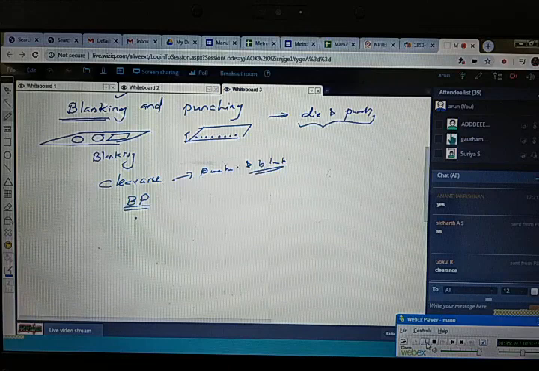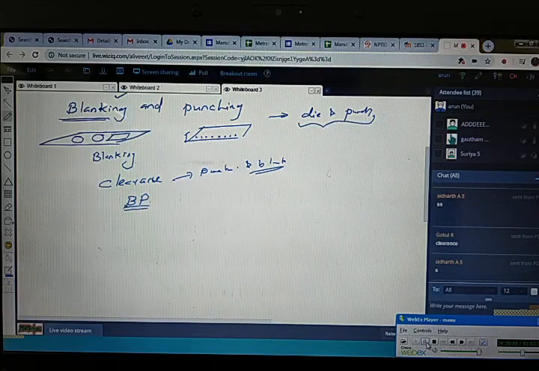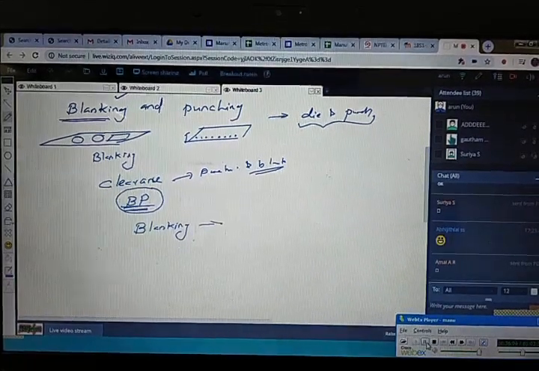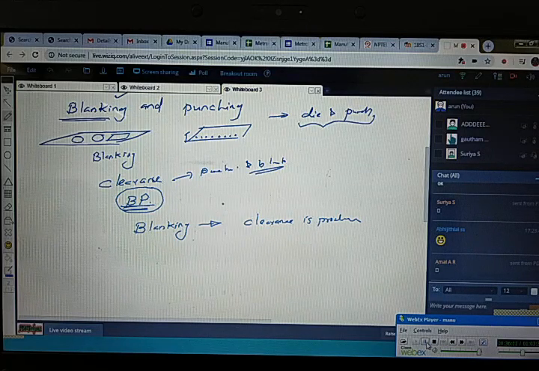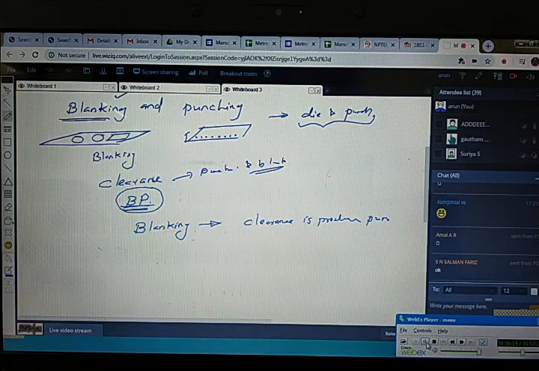You can remember that as blood pressure. That means in the case of blanking, the clearance is provided on the punch.